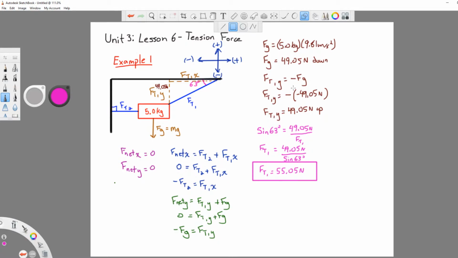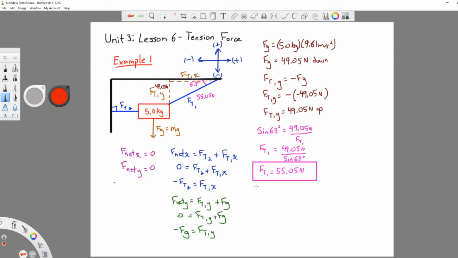All right. Second force value. Well, we have now solved this as 55.05 newtons. Let's solve Ft2. Ft2, which we have down here, negative Ft2 is equal to Ft1x, right here. So let's find Ft1x, and then we have Ft2. Going over to blue. I haven't used blue for a while. Actually, no, I haven't used red at all.